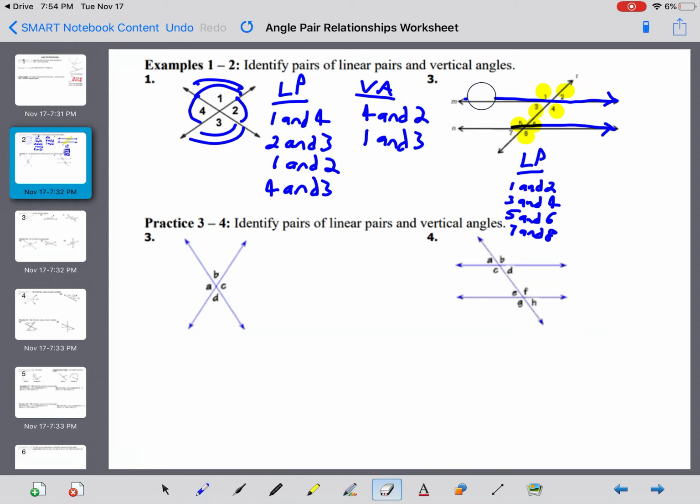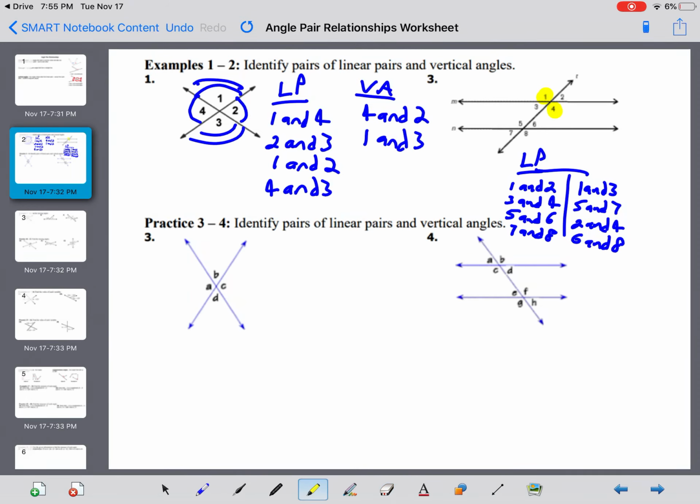But unfortunately, that's not it. There's more. But wait, there's more. If we take a look at this line here, we have 1 and 3 is a linear pair, 5 and 7, 2 and 4, 6 and 8. So a lot of linear pairs within this one.